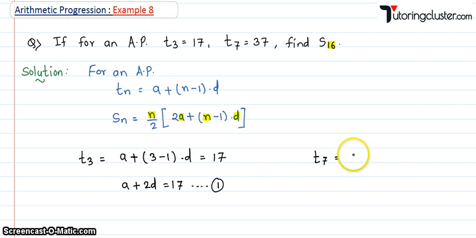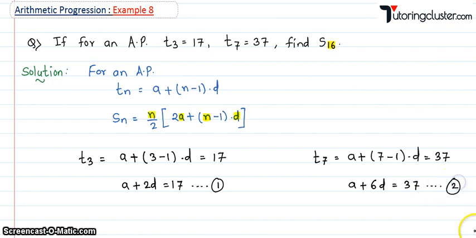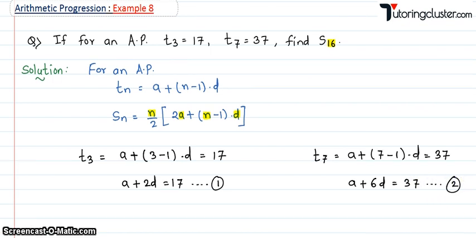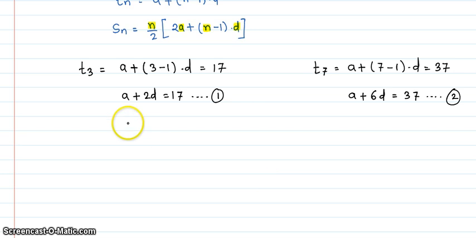What will be T7? a plus (n minus 1), so (7 minus 1) into d, which is how much? 37. So therefore a plus 6d is equal to 37. Now there are two equations and two unknowns. You can easily solve this, right? See here how you can solve these two equations.